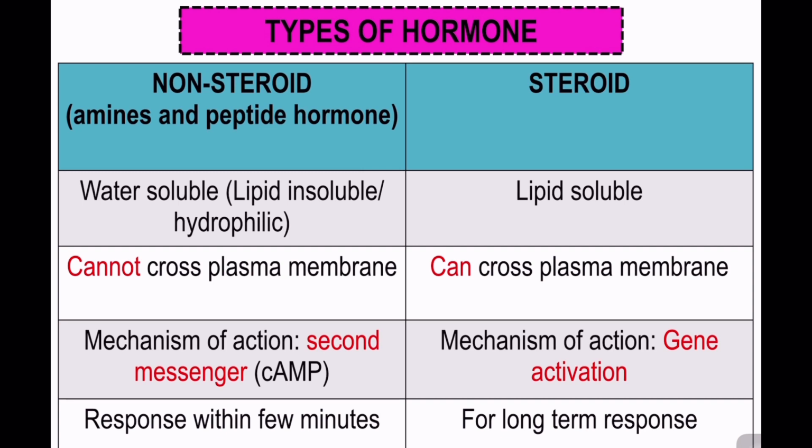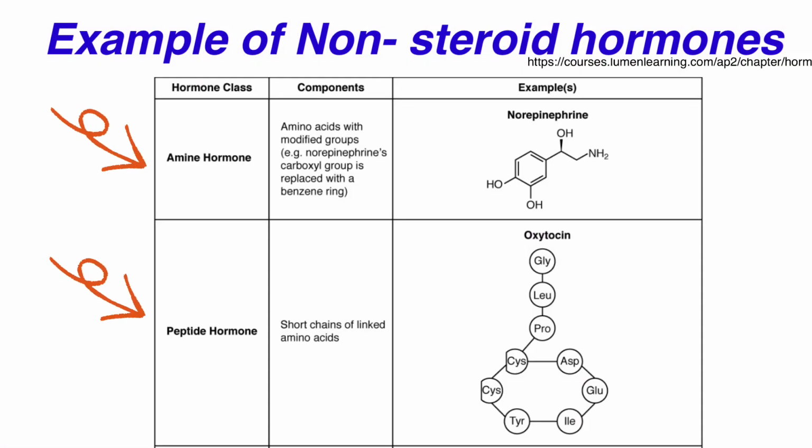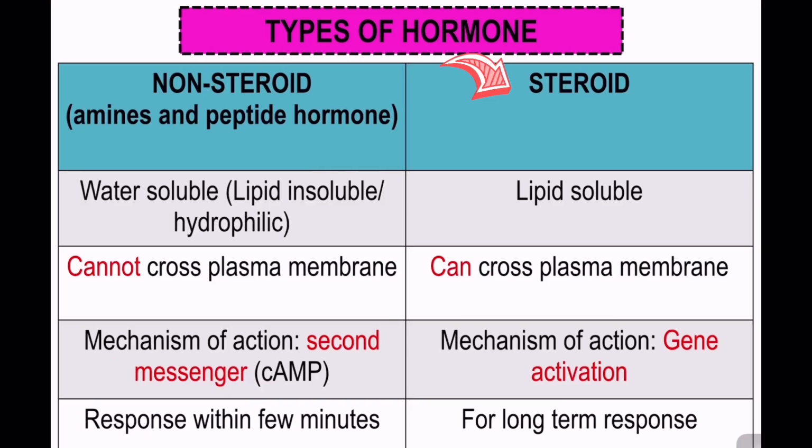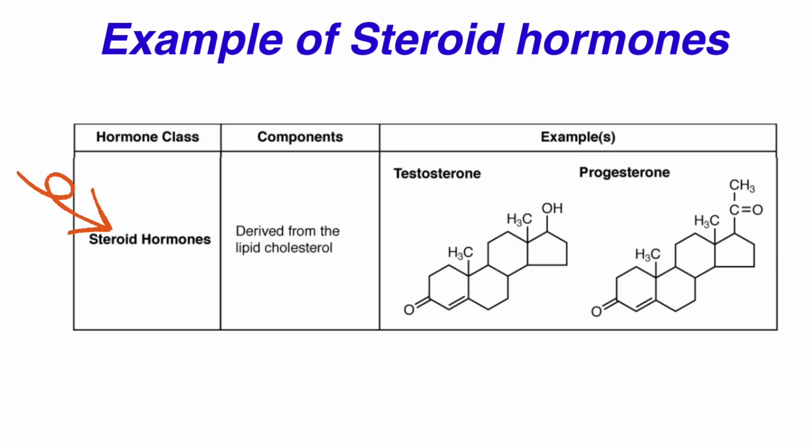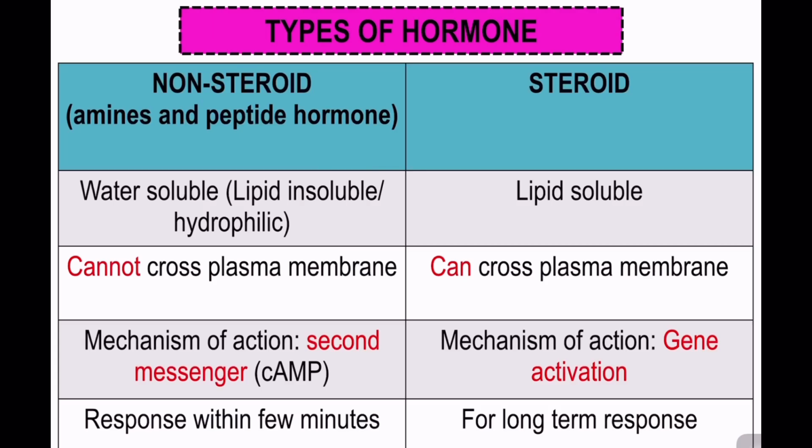Next, let's have a look at the types of hormone. Hormone can be non-steroid, that is made up of amine or peptide. And also, hormone can be steroid. Non-steroid hormone is water-soluble.